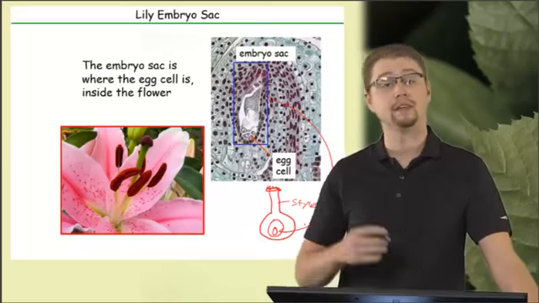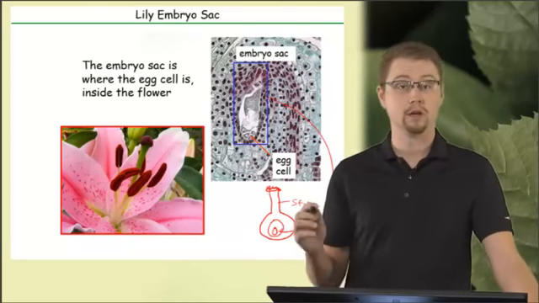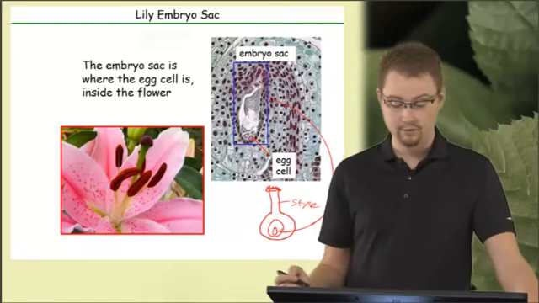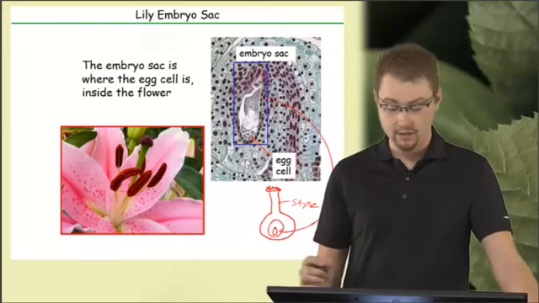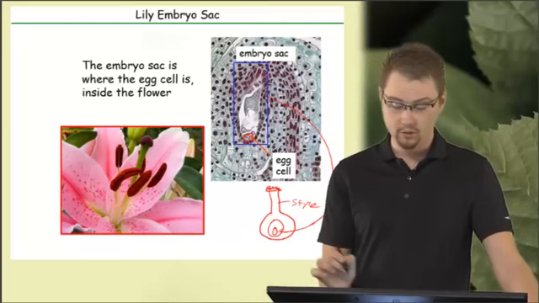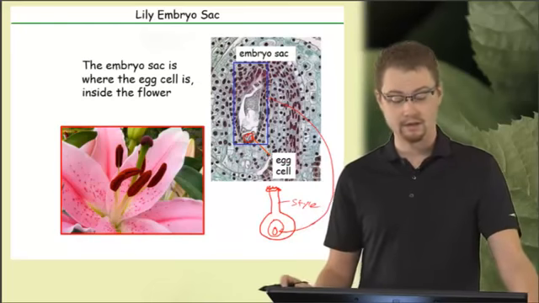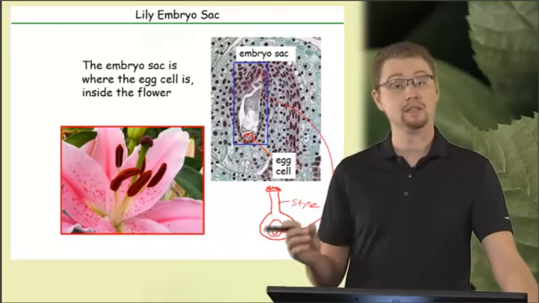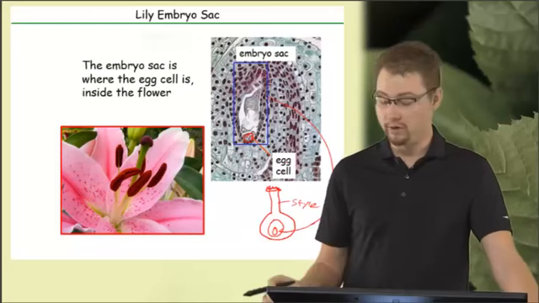This is basically an 8-cell structure that is going to contain multiple cells that will undergo different stages of growth and actually contribute to the formation of the embryo and seed. But the one cell that is truly important in here that will become that true embryo is the egg cell. And this is contained deep within the flower, so it is protected from the open environment.